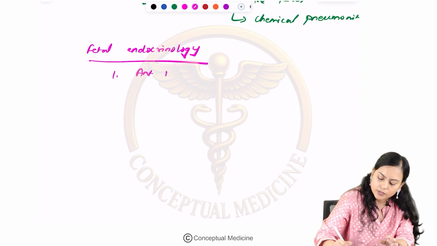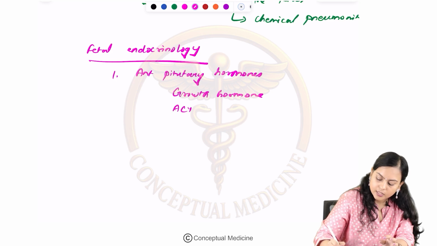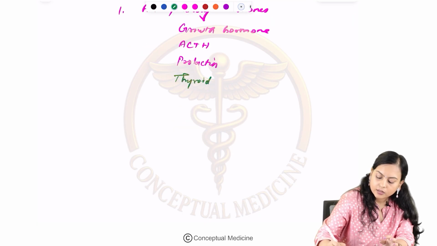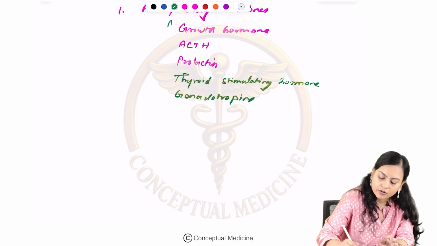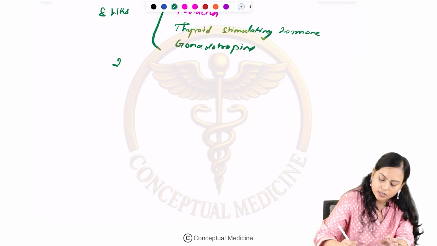Few points on fetal endocrinology. Anterior pituitary hormones like growth hormone, ACTH, prolactin, thyroid stimulating hormone, and gonadotropins are secreted from 8 weeks of gestational age.